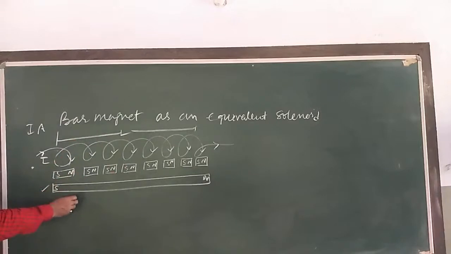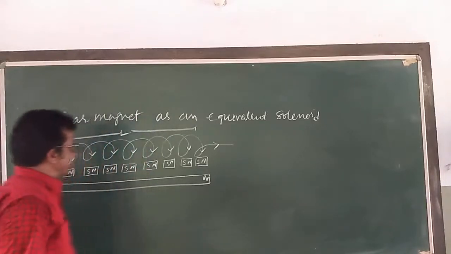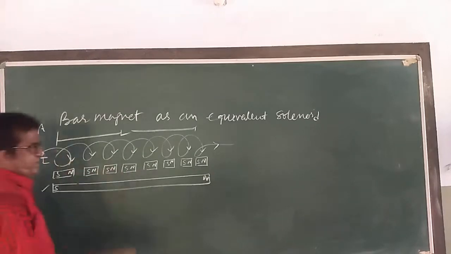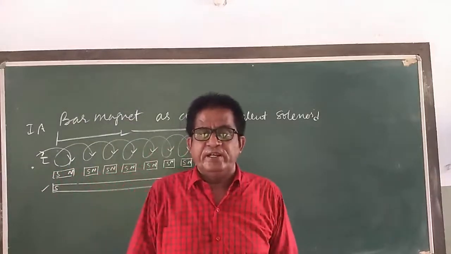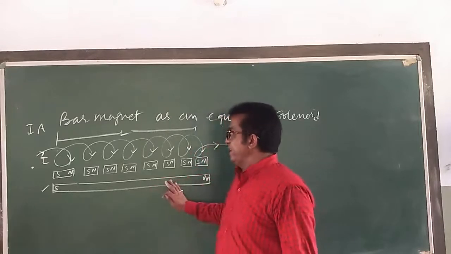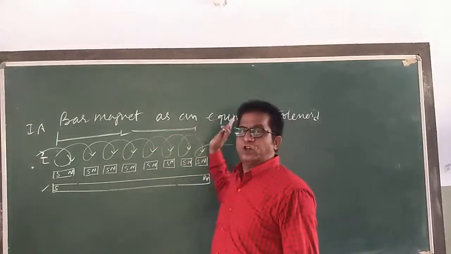The magnetic field produced by a bar magnet is identical to that produced by a current carrying solenoid. The magnetic field that a current carrying solenoid gives is nearly equivalent to that of a bar magnet. So I can say bar magnet as an equivalent solenoid.